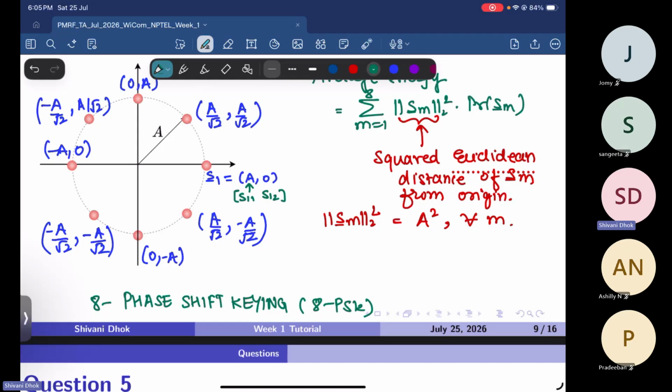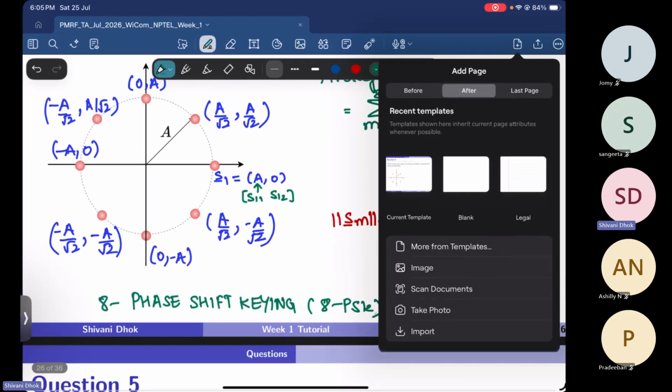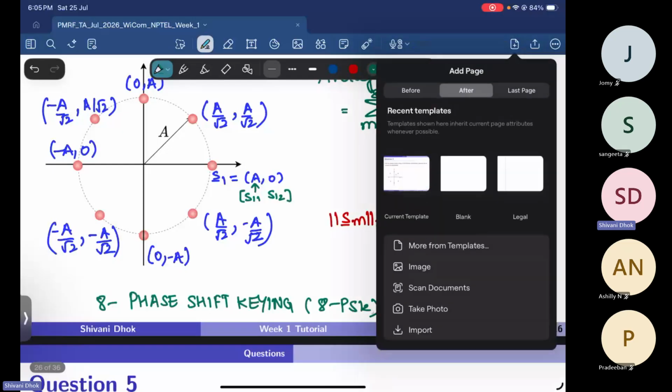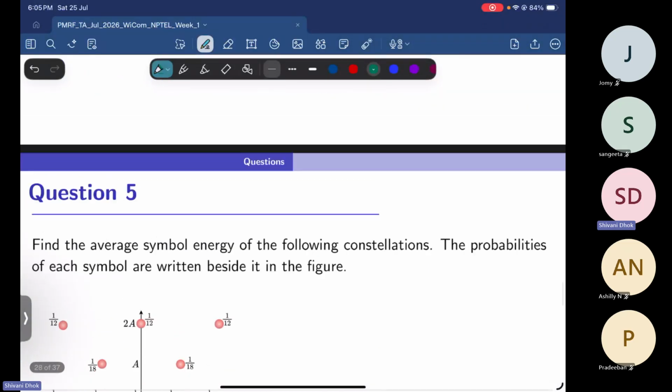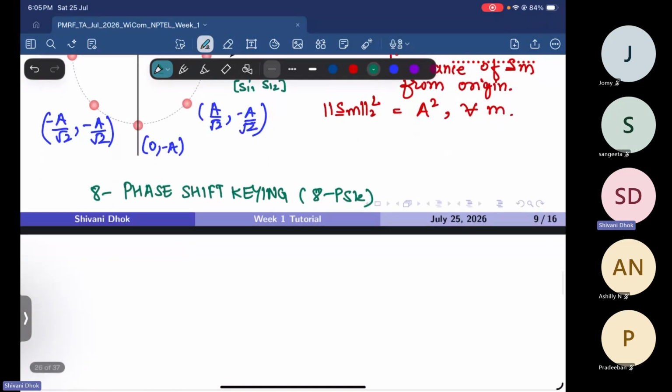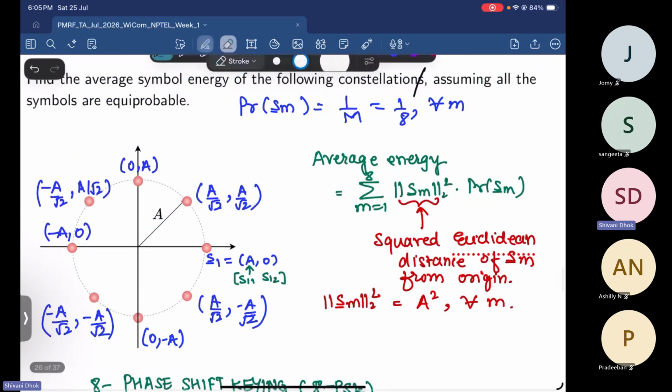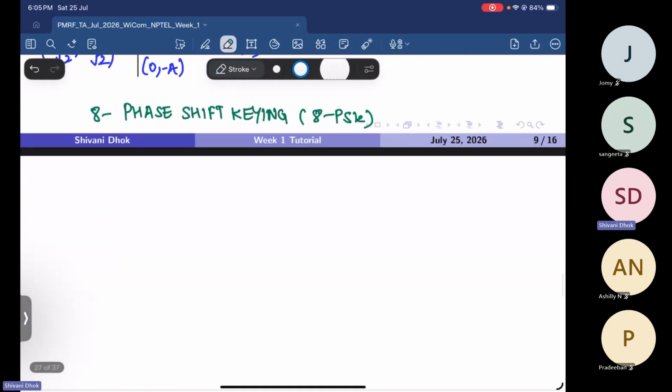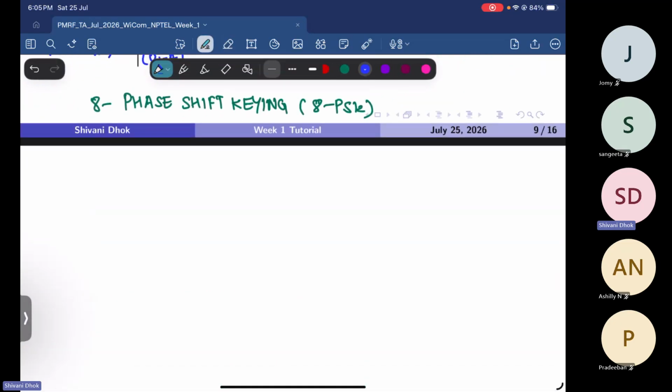Okay, so let us plug in the value of the Sm square in your average symbol energy. So therefore, average energy is summation m equal to 1 to capital 8.